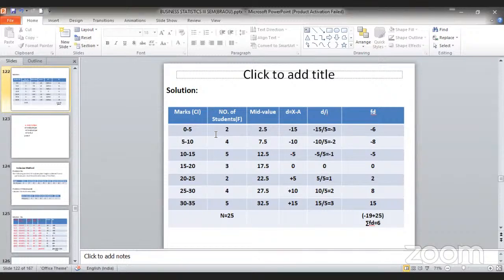Then 5 plus 10 is 15, divided by 2, that is 7.5. The difference you find in the class interval, the same difference you will find in the mid values. Got my point?